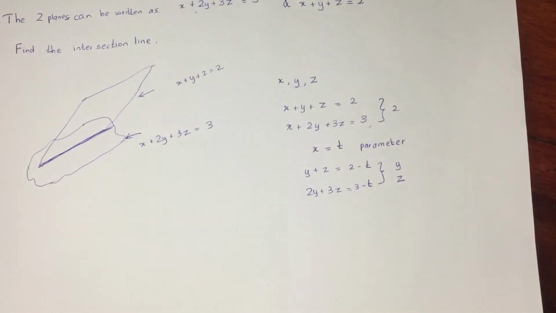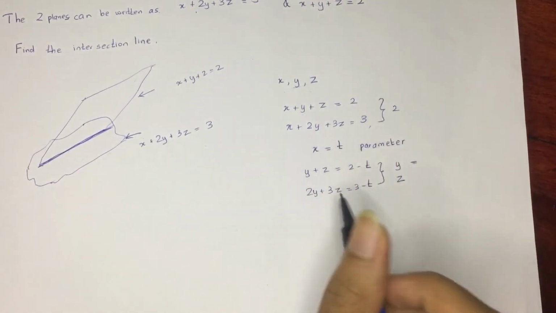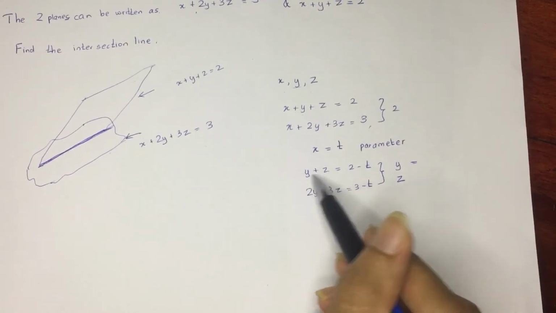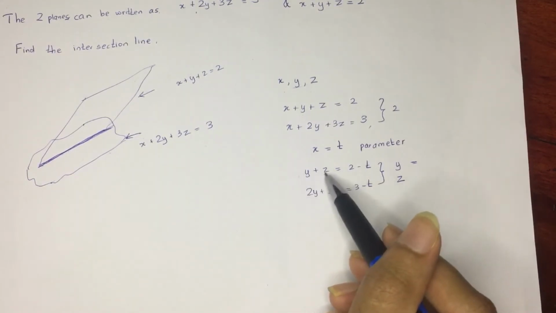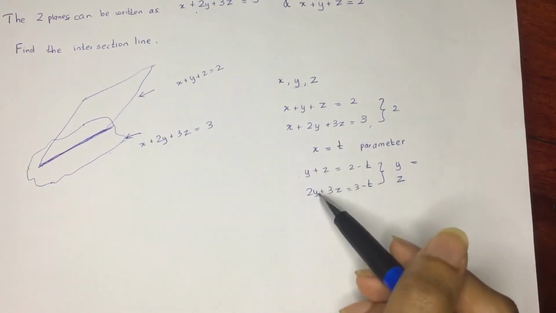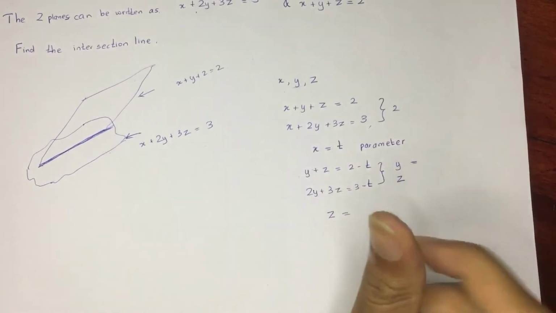Let's see how to solve this. We can simply multiply the first equation by 2 and deduct it from the second.